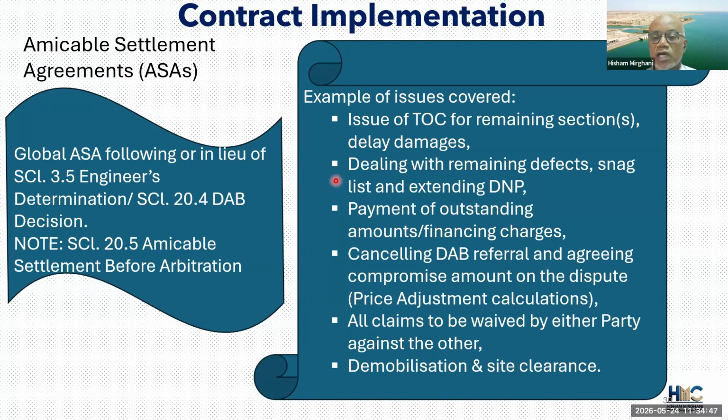And then there would be compromise on the financial issues. For example, the employer could waive the delay damages for outstanding sections in return for the contractor waiving financing charges and waiving any claims. Sometimes there could be DAB decisions or referrals.